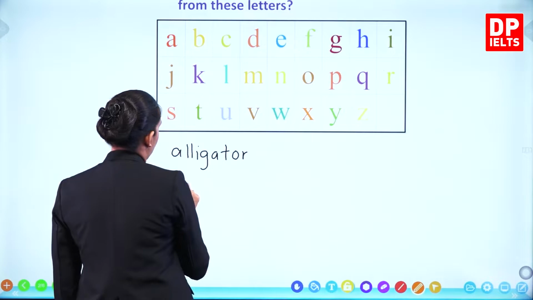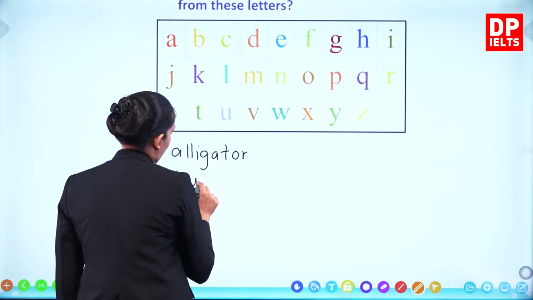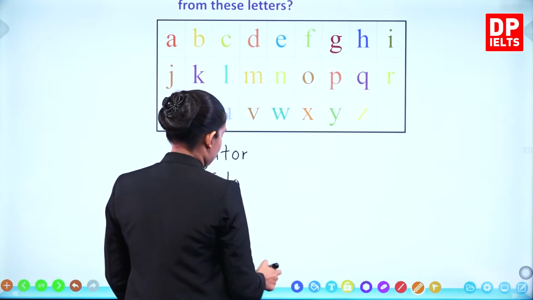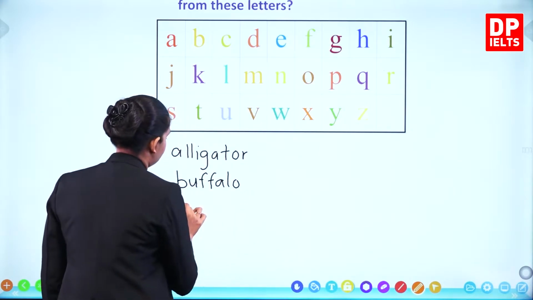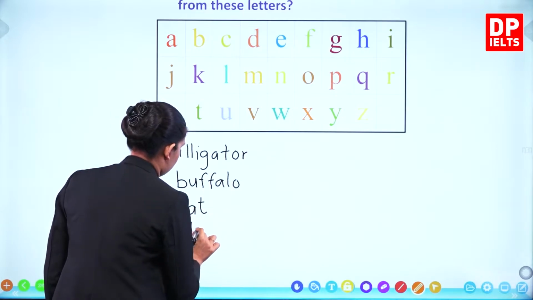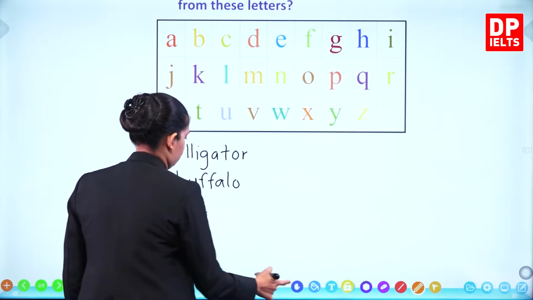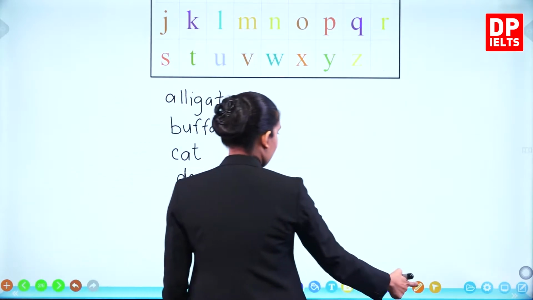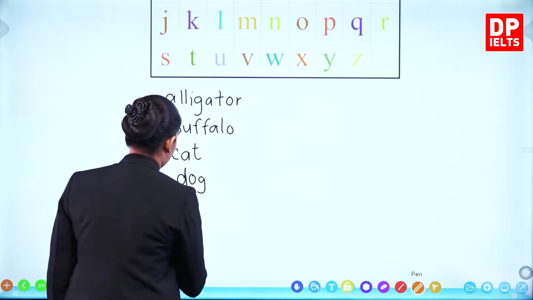B, what can we say with B? Buffalo. C, I can say cat. D, dog. E, I can say elephant.